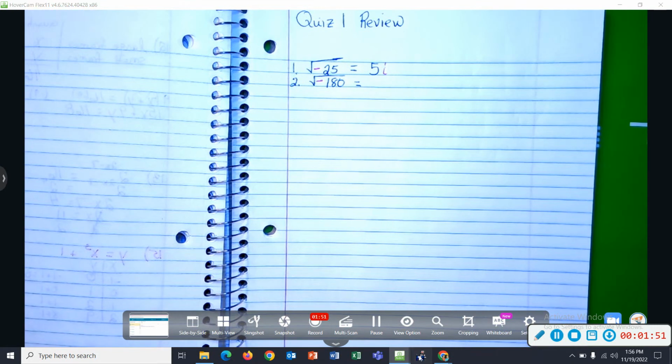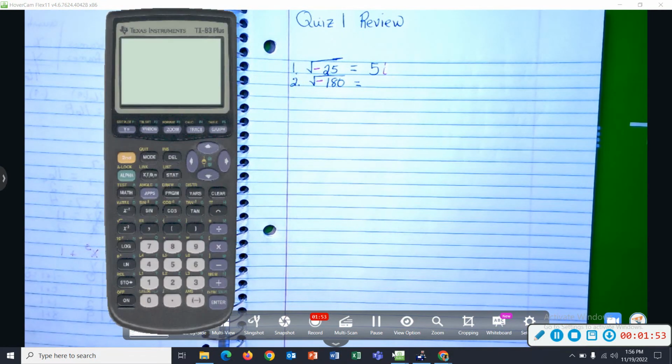If you're not sure of that, just punch the square root of 180 into your calculator. If you punch in the square root of negative 180, you're probably going to get an error warning, depending on the type of calculator, that says something like non-real answer. That means it's an imaginary number, and this calculator only works with real numbers. If we looked at the square root of 180, you'll notice it's not an integer, it's a decimal number.